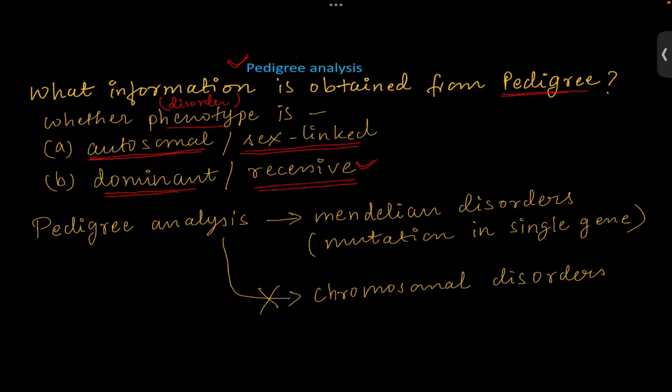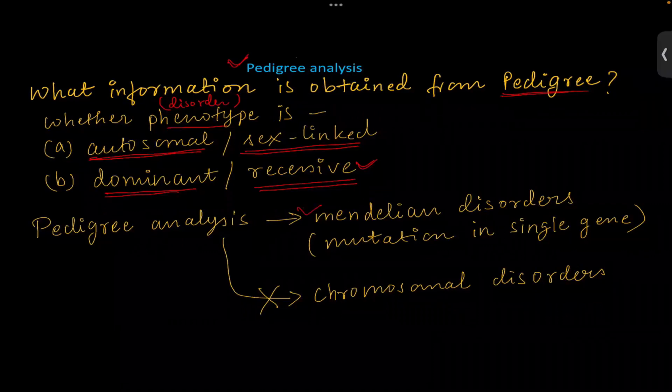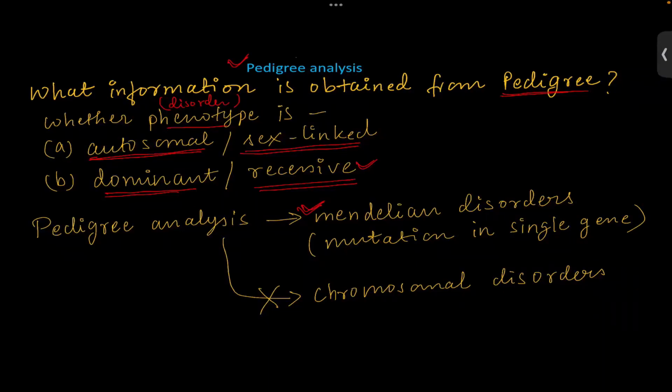Pedigree analysis is done for Mendelian disorders where Mendel's laws of inheritance can be applied, whereas it is not at all useful for disorders where there is some change in chromosome structure or an abnormality in the chromosome.